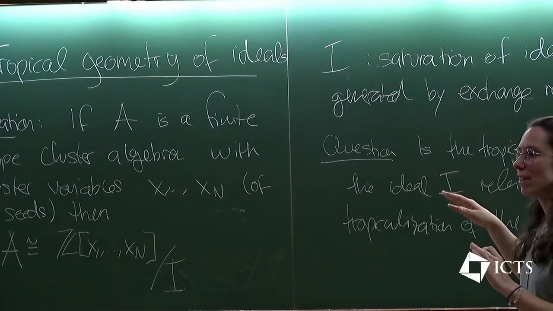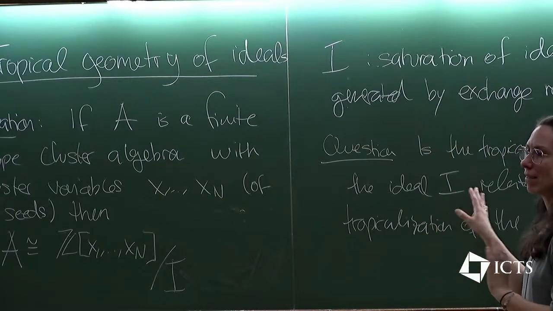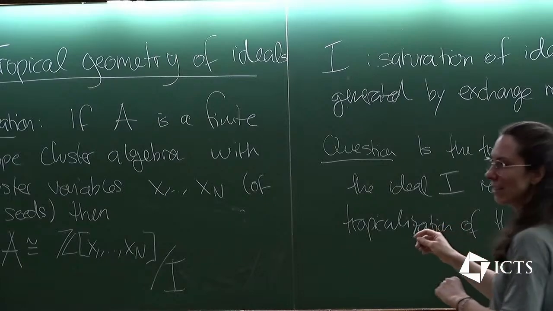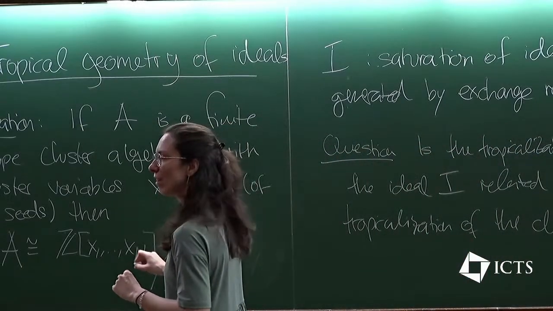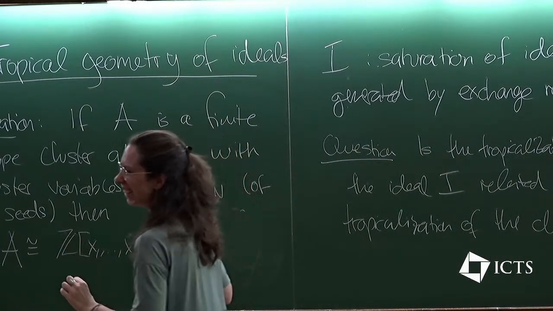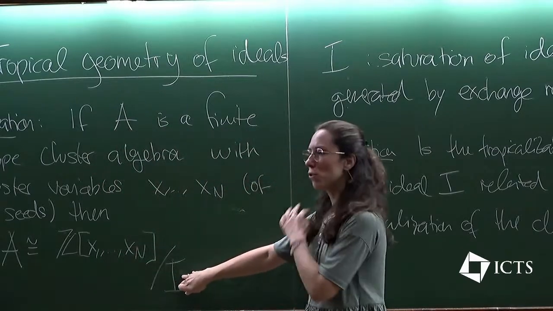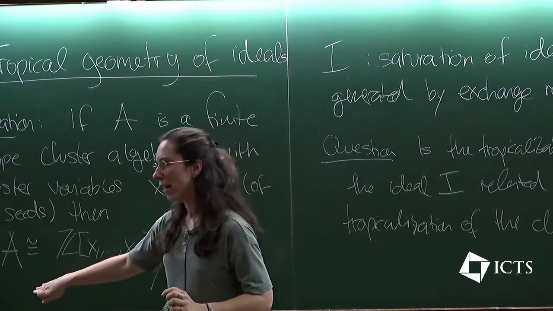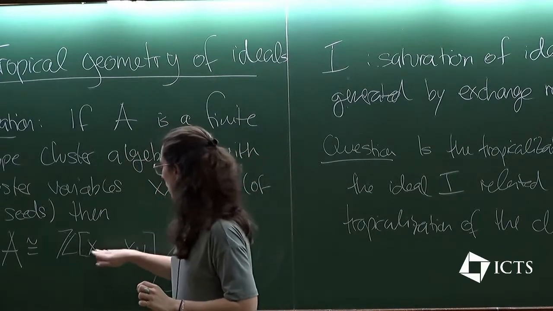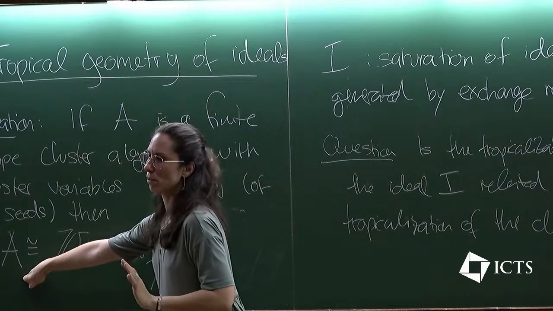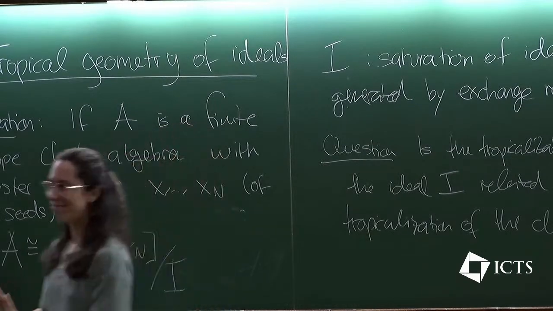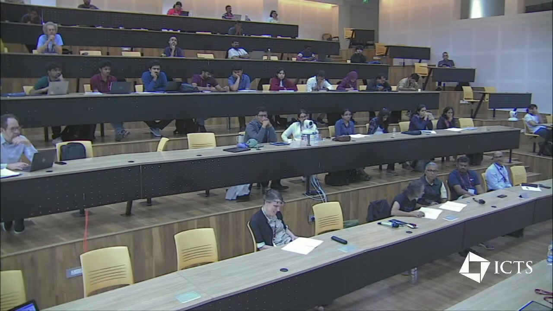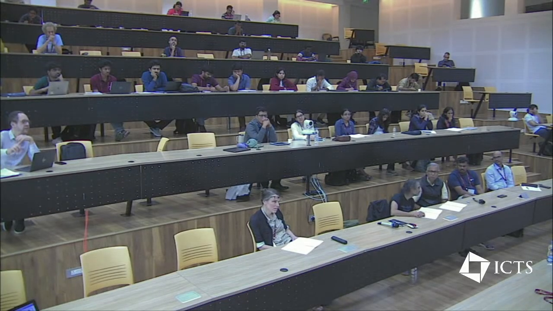Can I give you an easier definition of the ideal and then postpone that saturation question? This ideal, if you don't want to think too much in commutative algebra terms, is the ideal that I get as the kernel of the map from the polynomial ring to the cluster algebra. And there are some more elements than just the exchange relations.